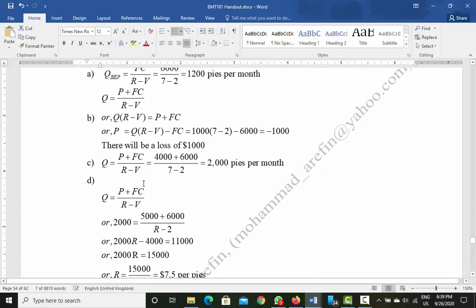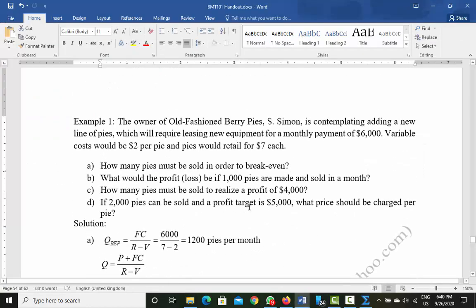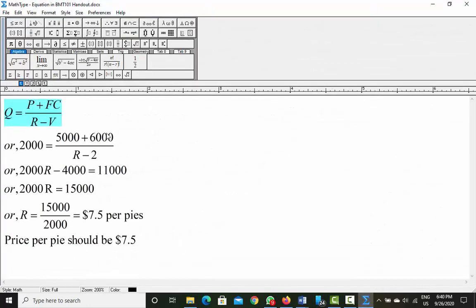As you know, the formula is the same: Q is equal to profit plus fixed cost divided by R minus V. Profit target is $5,000, quantity is 2,000, fixed cost we already know is $6,000, and we need to find the value of R, revenue per unit or price per unit.